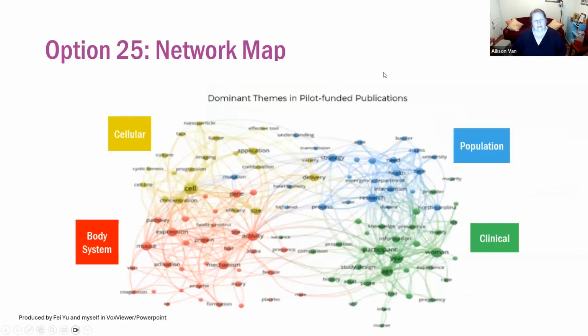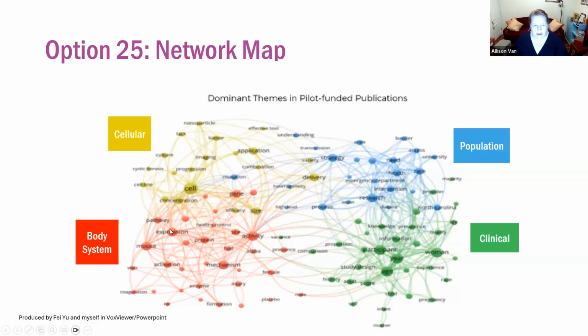Okay, option 25, a network map. So this was a massive amount of data from peer-reviewed publications in medicine. This was just a general network map, and nothing was automatically color-coded.